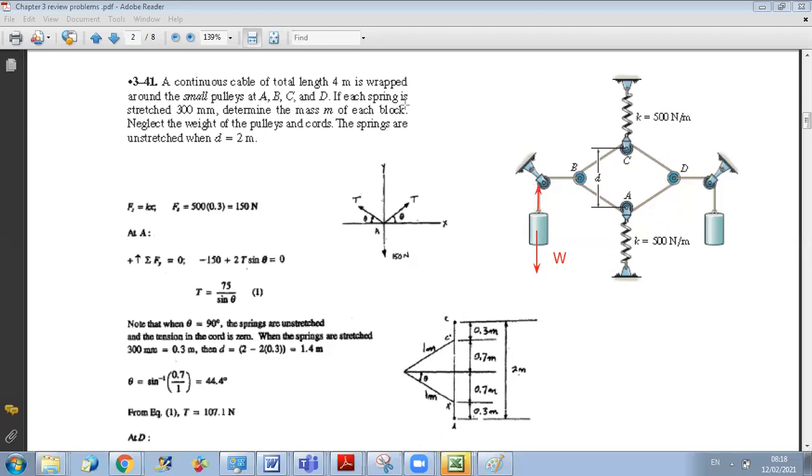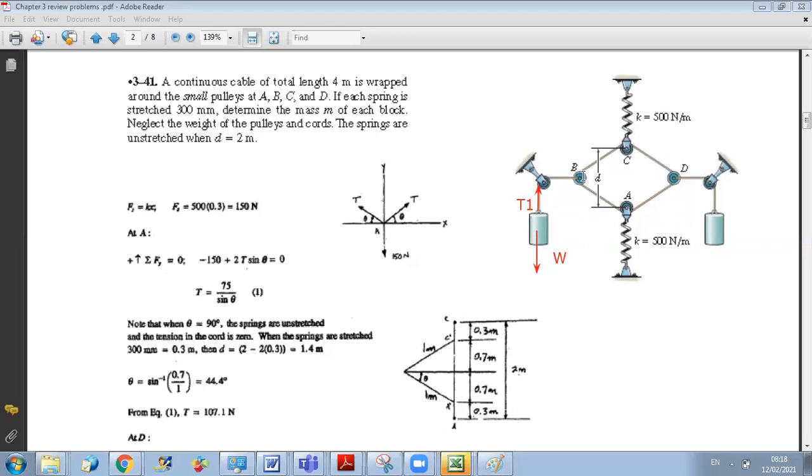So let us call this tension T1, okay? Now, my problem is to find T1. If I want to find W, I need T1. And if I want to find T1, I should do the analysis of forces at what point? B and D. Exactly. Or B or D, because I have symmetry here.